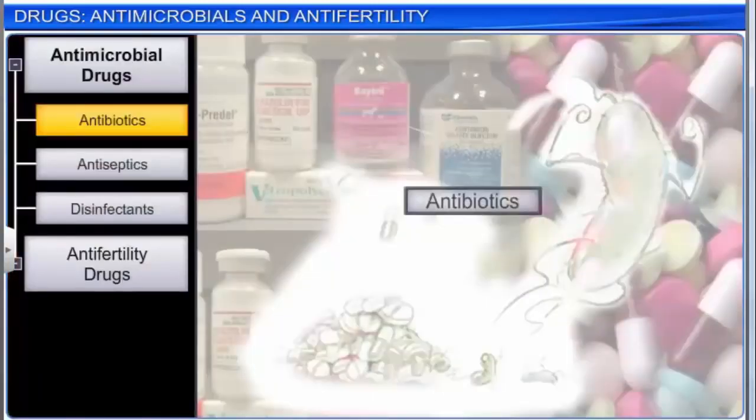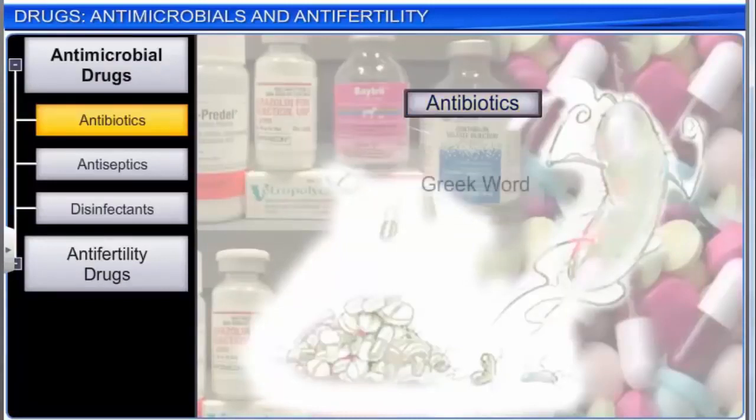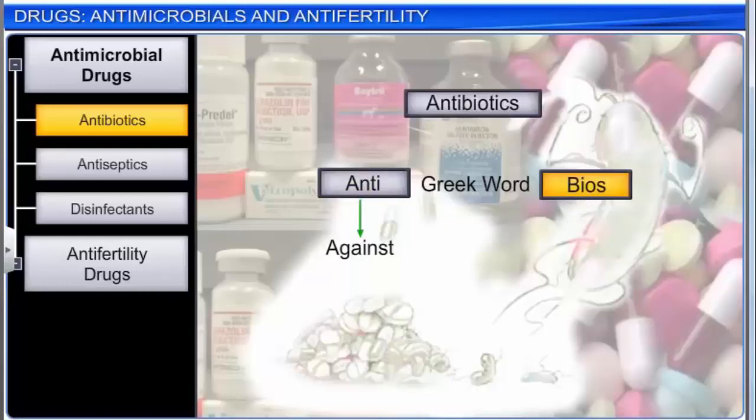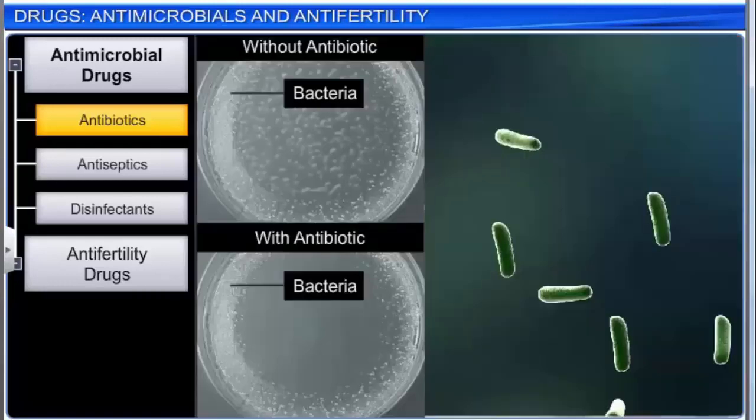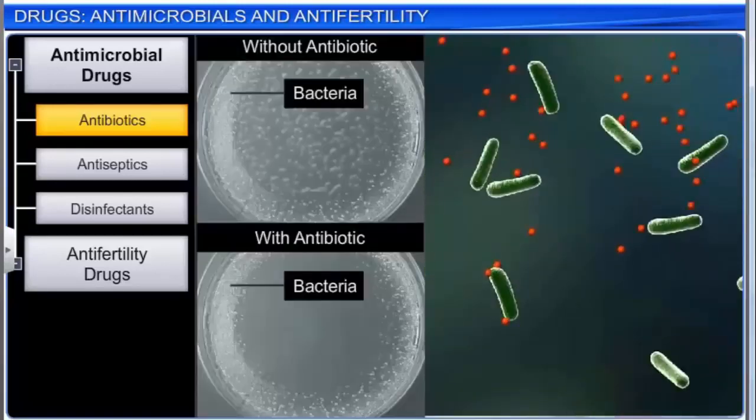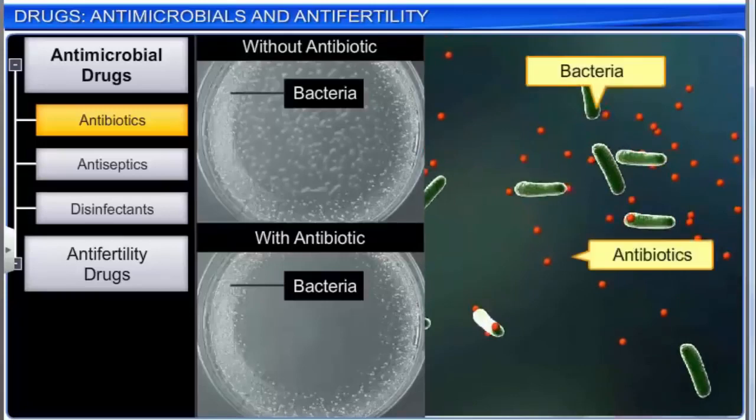First, let's learn about antibiotics. The word antibiotics comes from the Greek word anti, meaning against, and bios, meaning life. An antibiotic is a drug that kills or slows the growth of bacteria.